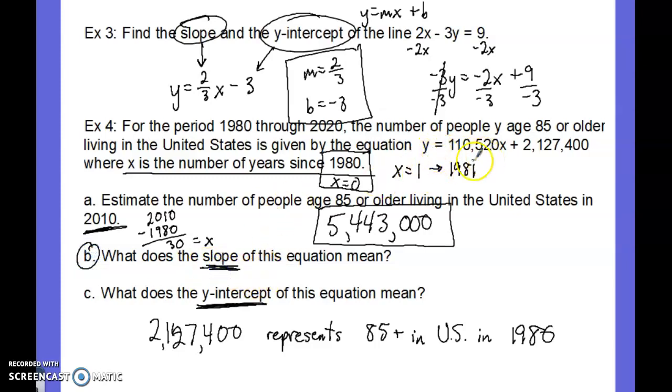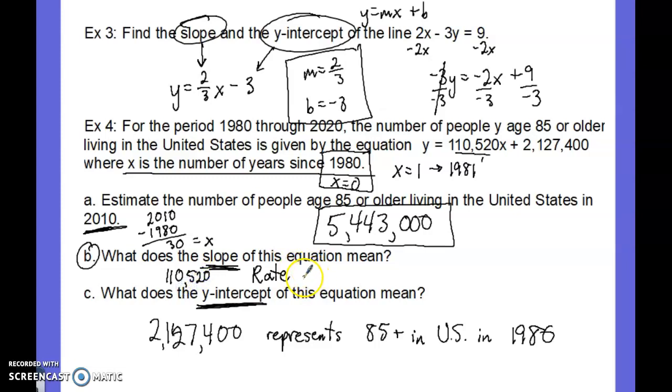Well, if the slope is like rise over run, this is how much they're increasing per year. So, slope, get in the habit of writing down a rate. And what's the number? It's 110,520.